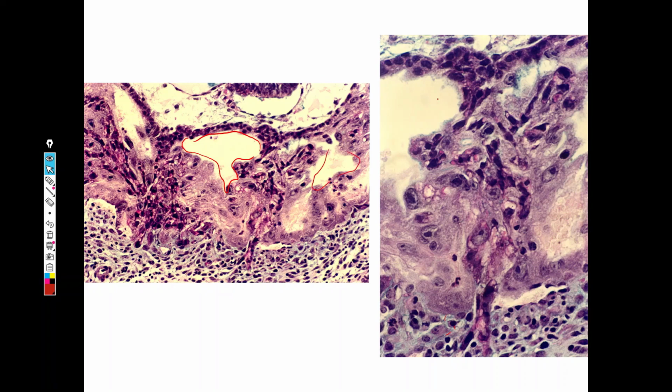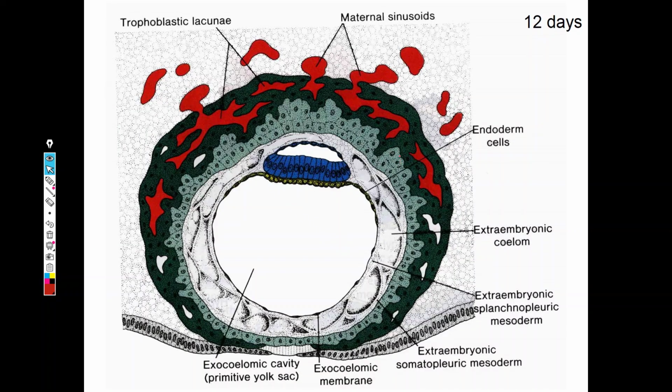Also, we can see it with higher magnification over here. So, as I said, gradually the syncytial trophoblast disrupts the capillary wall, and maternal blood enters the lacunae. Thus, from histotrophic stage, it begins the hemotrophic stage. Now we have hemotrophic stage.